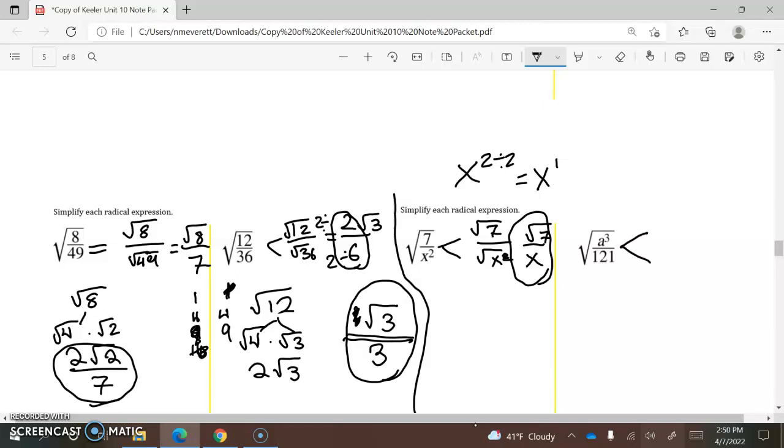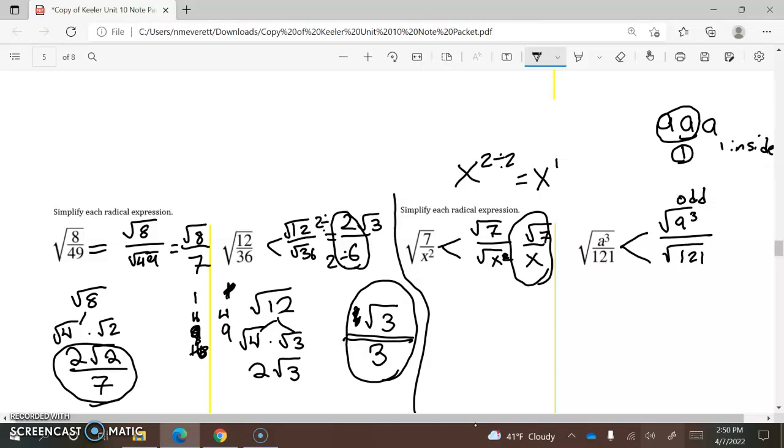We'll take this one, split it apart: the square root of a cubed over the square root of 121. I have an odd number here. It's not like this one where I have an even number. So what I'm going to do is write out 3 a's. How many pairs of a's can I group together with just these 3? Well, I can make 1 pair of a's, and I'm left with 1 left over.